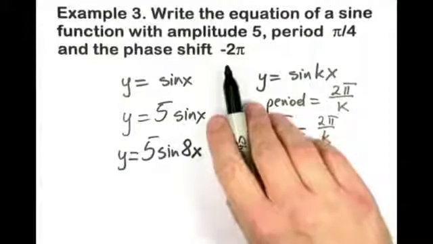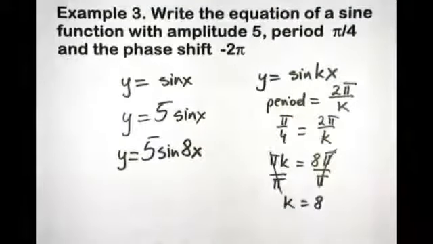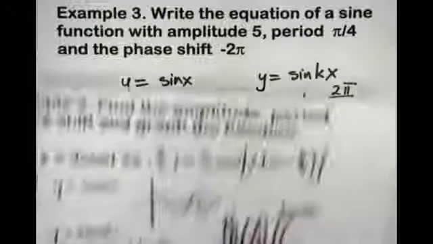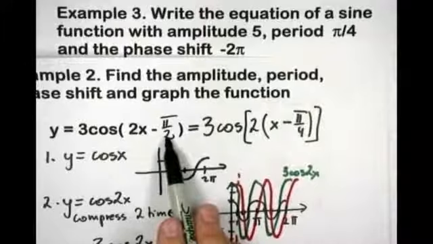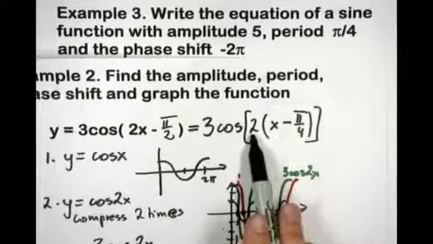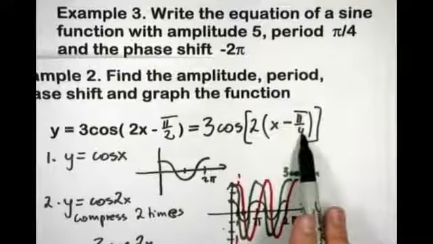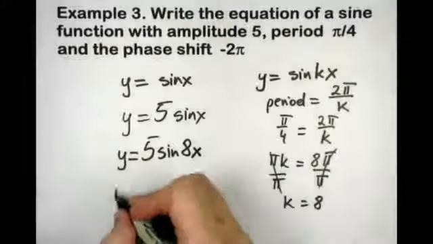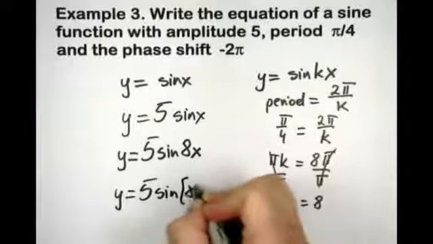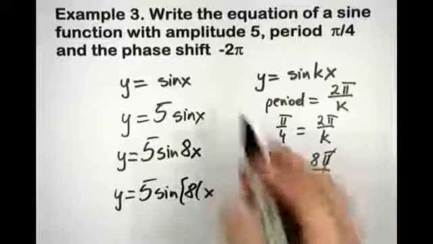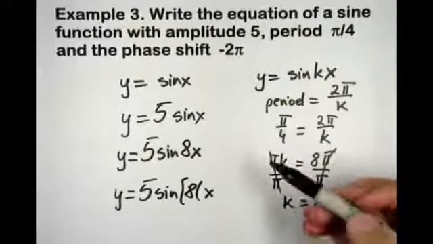And then we have the phase shift. Remember that the phase shift is not here. The number needs to go outside, then we have the phase shift. So for my graph, we have y equals 5 sine, 8 goes out, and then we have x plus 2 pi.